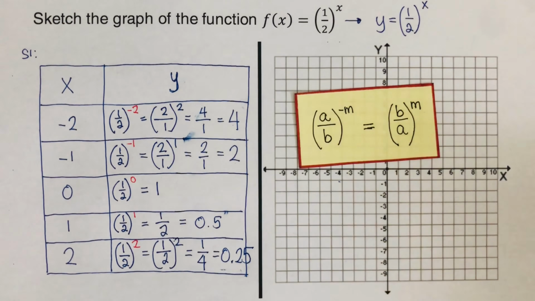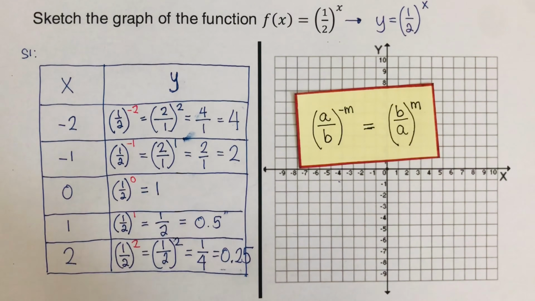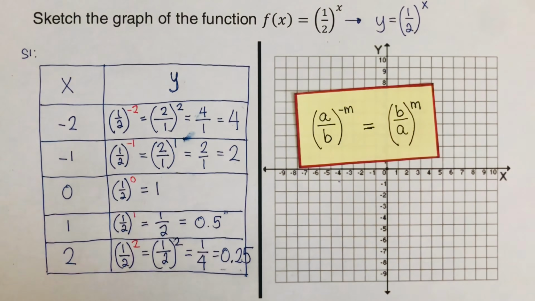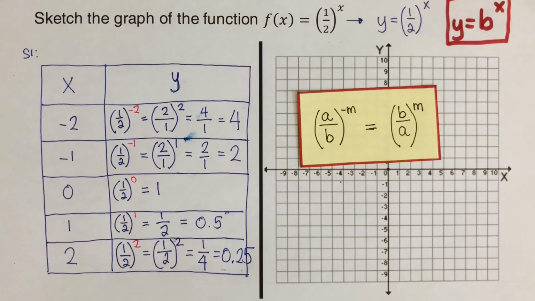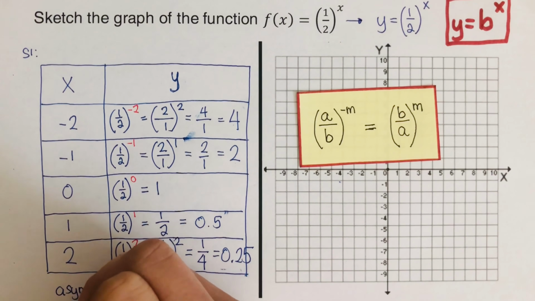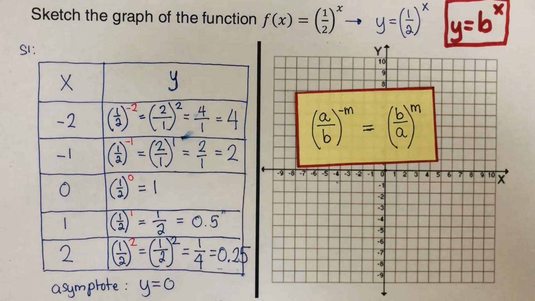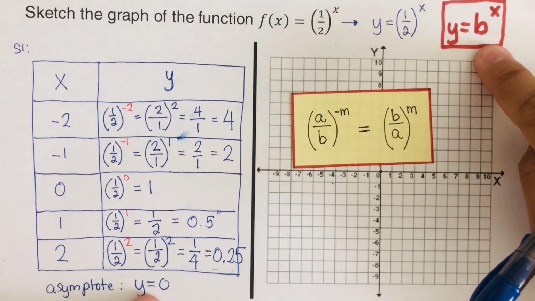Okay, so I've already filled in the table. Now we remember that the asymptote for this type of graph, in general form, okay, so the asymptote for this form of equation would always be y equals 0.